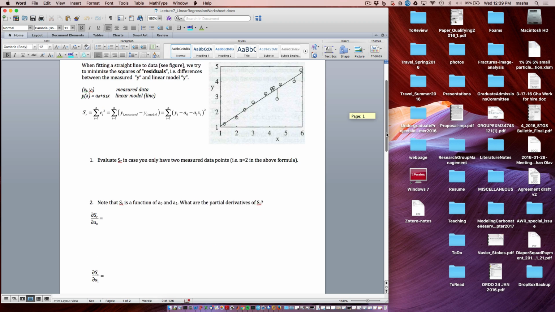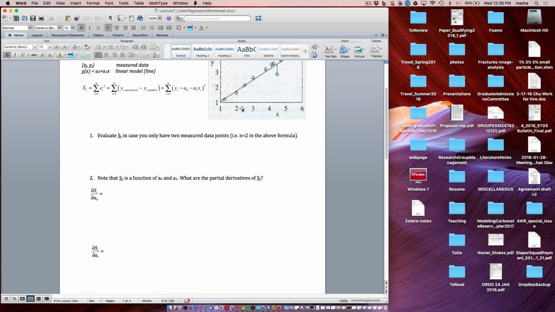So this is essentially just pointing on the movie. We need to evaluate this expression for only 2 points, and then we have to calculate partial derivatives.